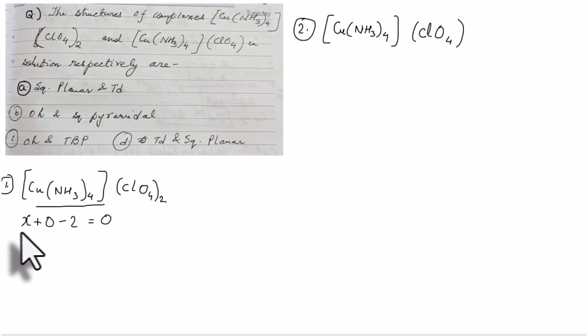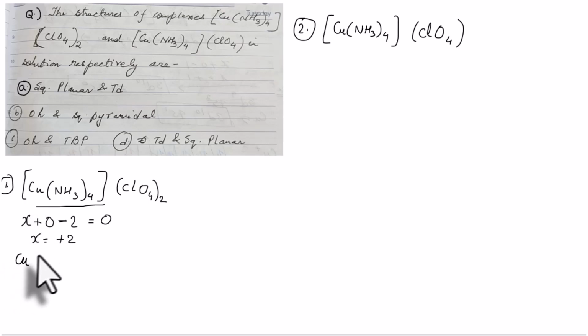We have x for copper. Amine has a 0 charge, and ClO4 has -1 charge, and 2 ClO4 are there, so we have -2, and the charge on the entire complex is 0. So x comes out to be +2 for structure 1. So structure 1 has copper in the +2 oxidation state.